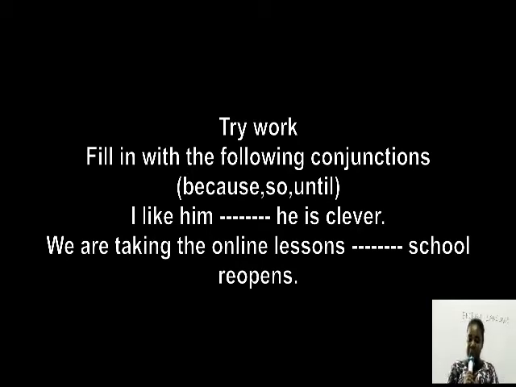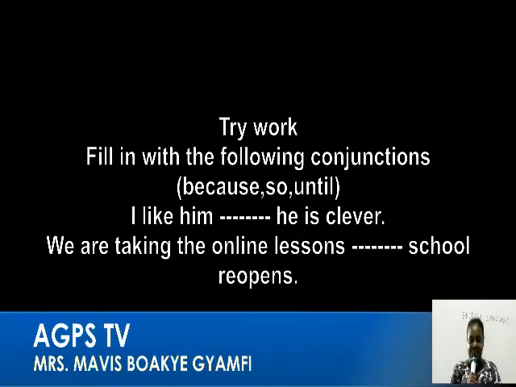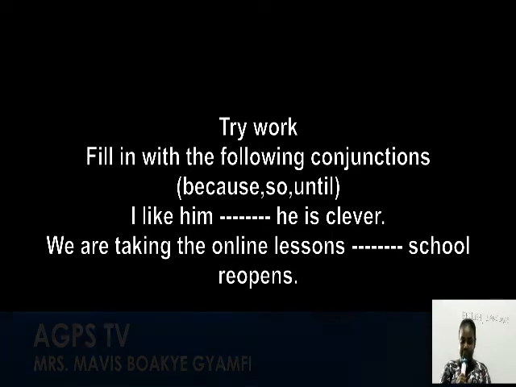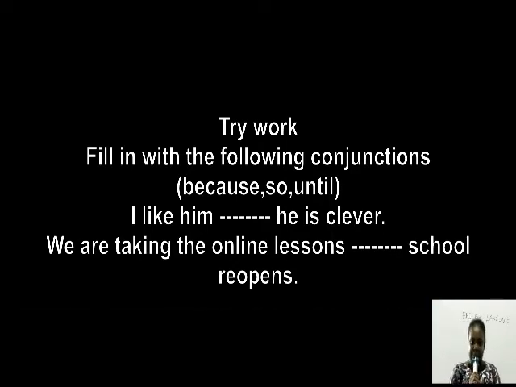The best word to take in here is until. So we are taking the online lessons until school reopens. I hope you get me clear and you understand subordinating conjunctions. We also move on to another type. In this conjunction too, they move in pairs.